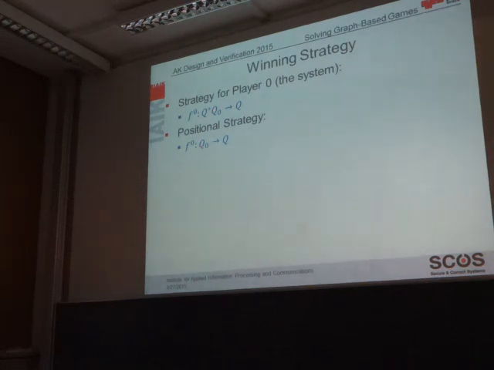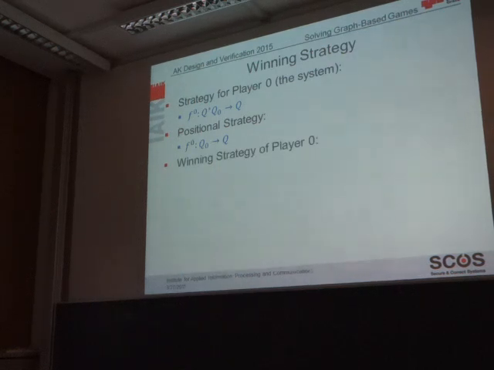So in contrast to this upper definition here, the general notion of a strategy allows the strategy to look at the entire history of the play so far. These special strategies are basically memoryless. They do not remember anything about the play so far. They base their decision which state to pick next just on the current state in which we currently are. And luckily in this lecture we will mostly deal with these positional strategies. We will not need this more powerful definition of a strategy.